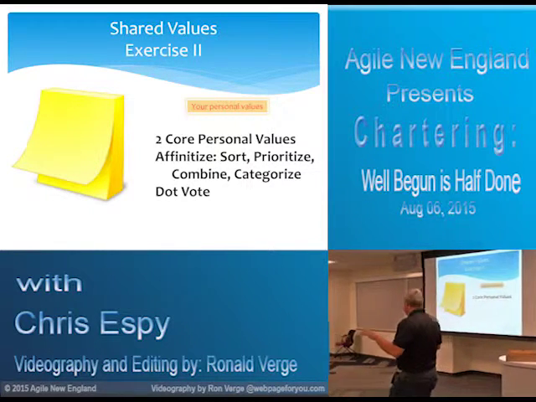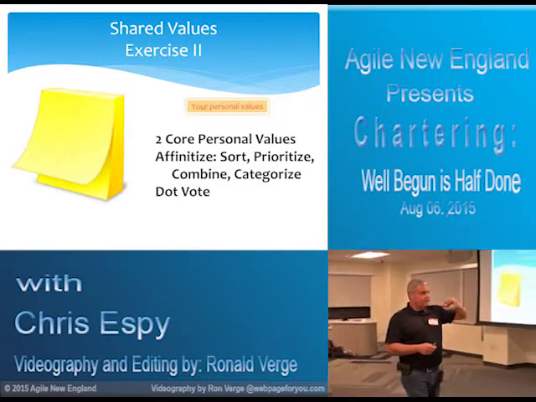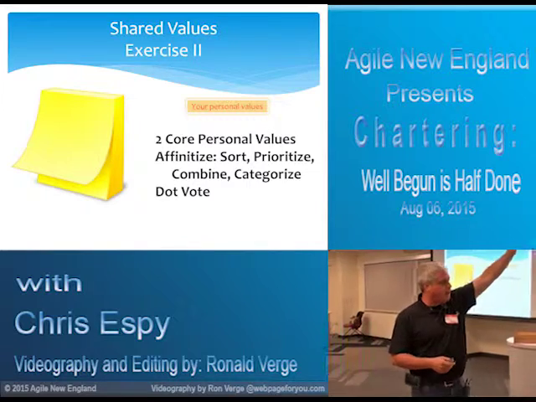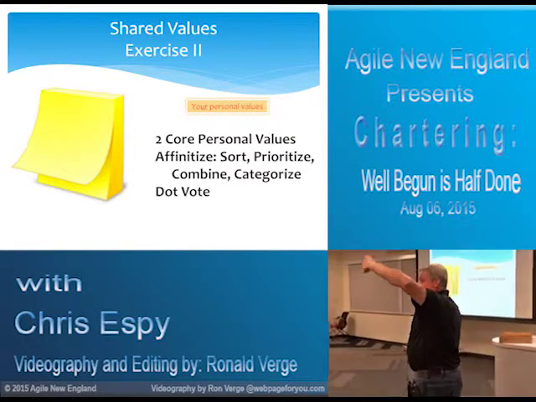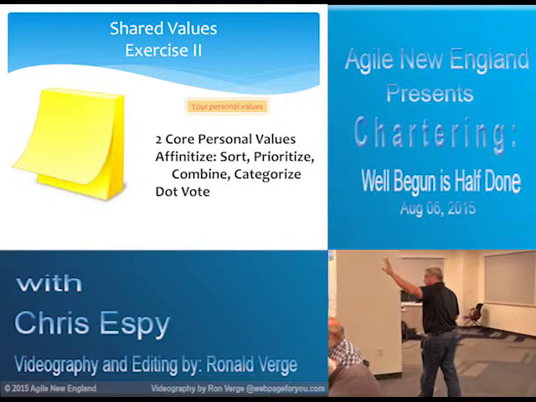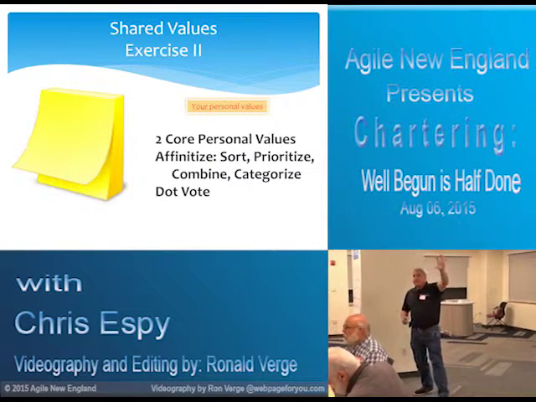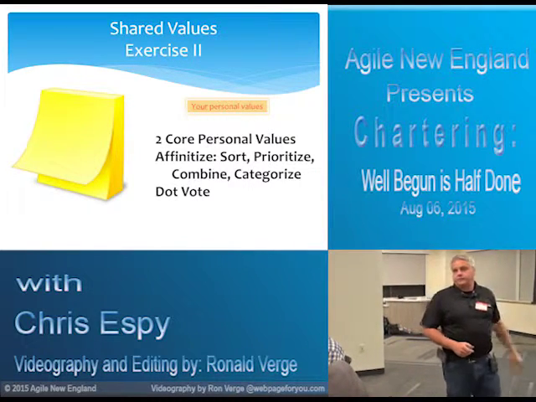The first thing is take the yellow stickies you have and each individually write your 2 top core personal values. It could relate to work. It could relate to just personally in your life. But take just a second and think about your top personal core values.